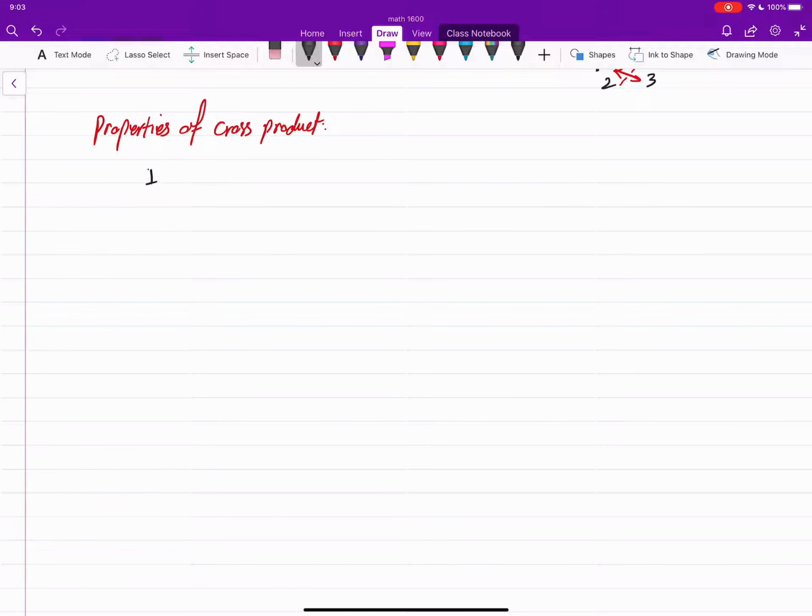The first thing is that the order matters when it comes to the cross product. When you switch the order, you won't get the same vector. You will get the negative of that. So this is not commutative.